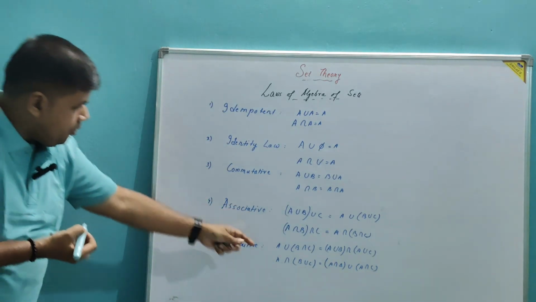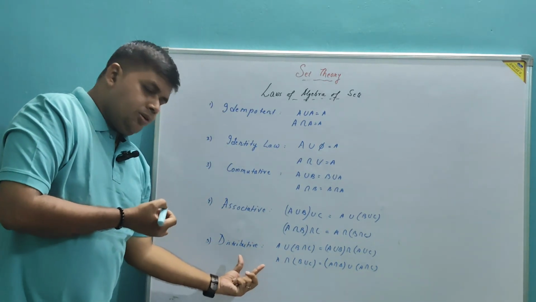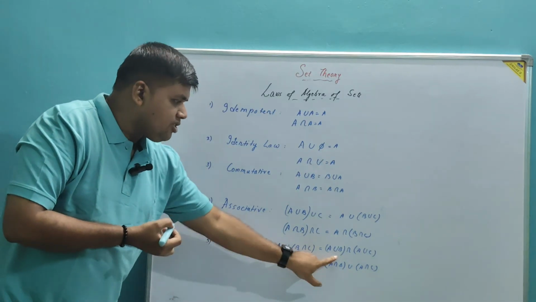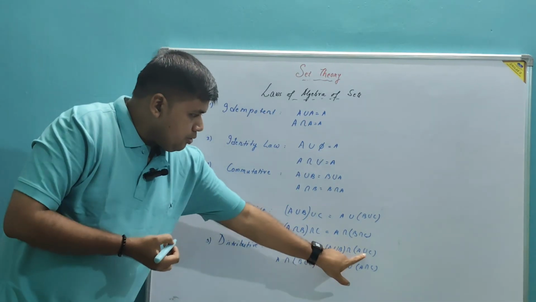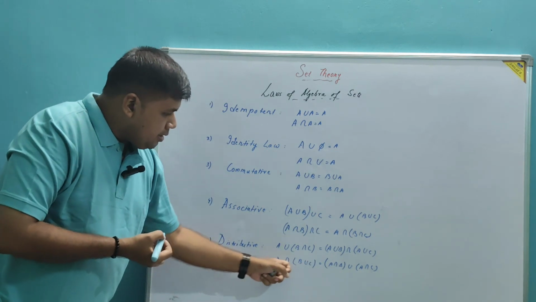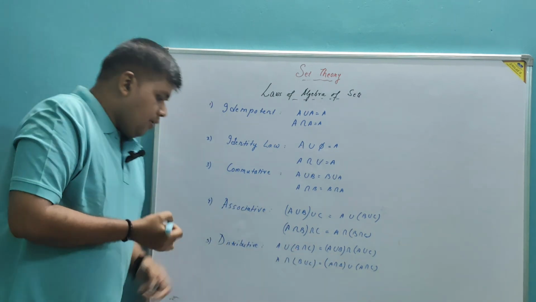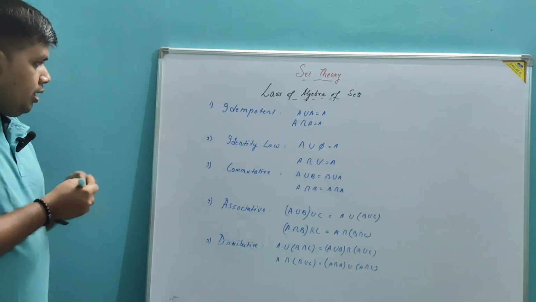The name itself suggests that A gets distributed with B and C. So A is getting distributed with B, A is getting distributed with C. Similarly, A is getting distributed with B, A is getting distributed with C. Therefore, it is called distributive law.